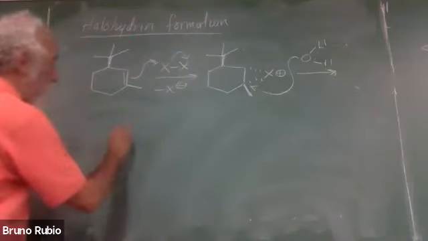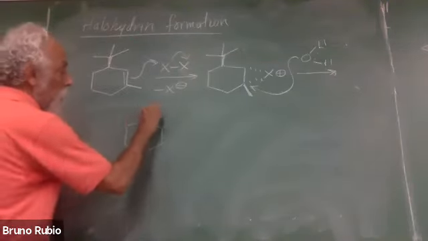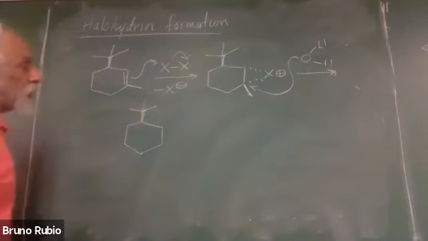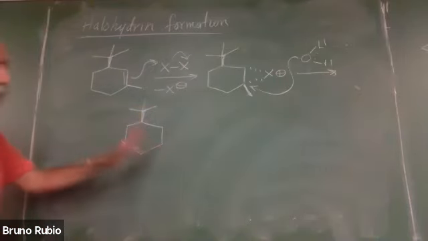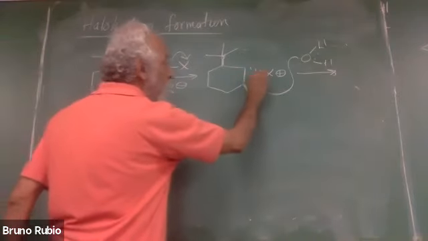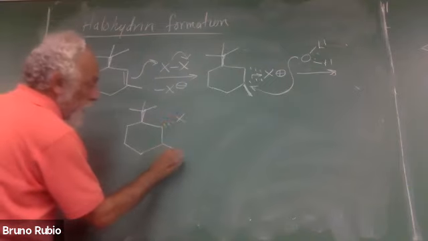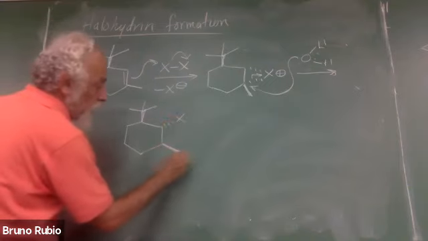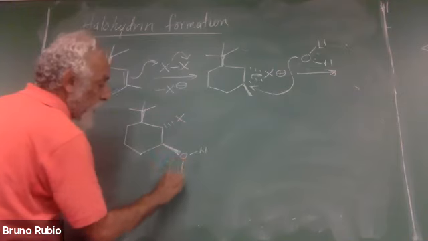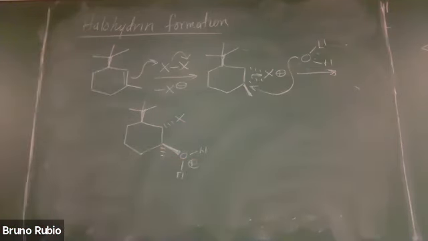So water attacks the more substituted carbon, and also since the X minus is in the back, the water has to attack from the front, shoving that pre-existing methyl group from a wedge now to a dash.